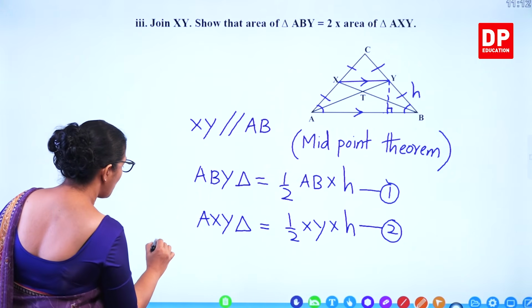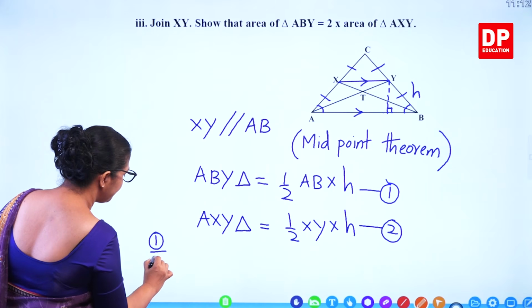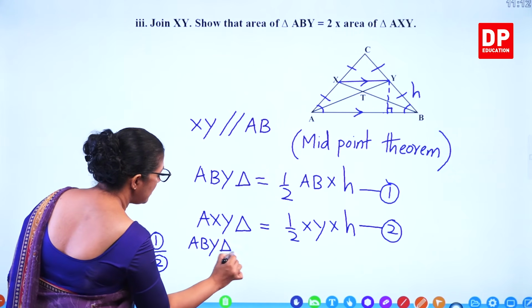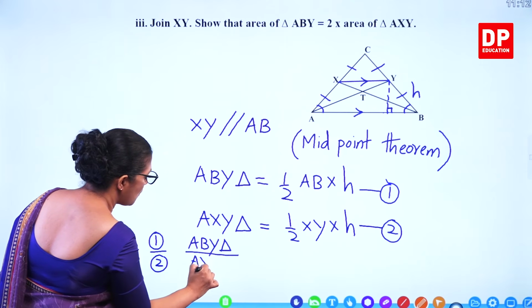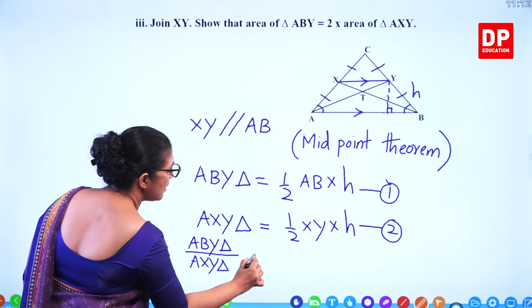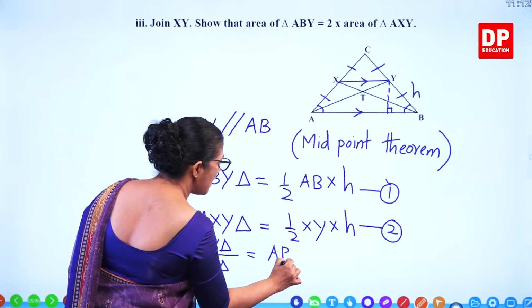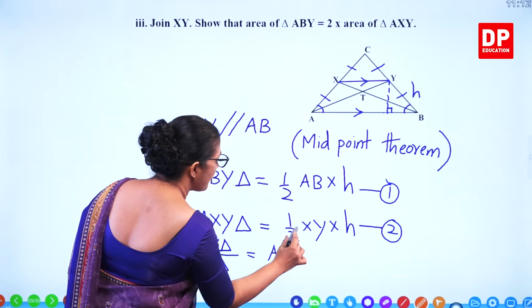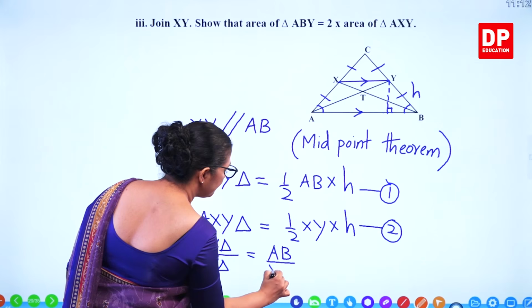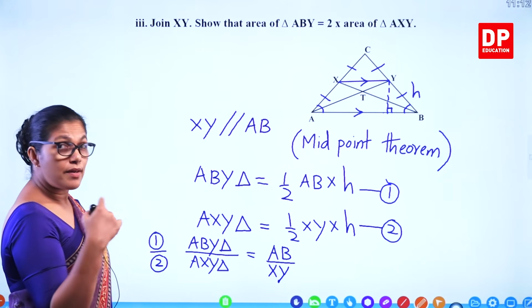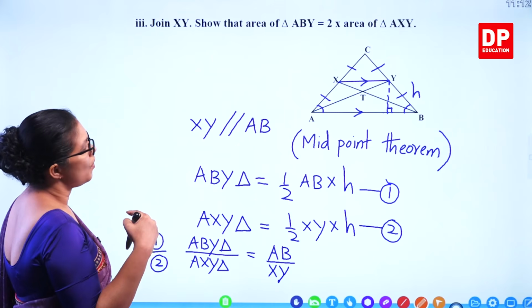When you divide 1 and 2, what happens? ABY triangle and AXY triangle, the half gets cancelled out. You get AB and this is XY, and H gets cancelled out.